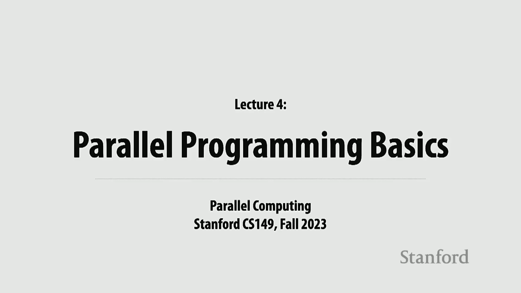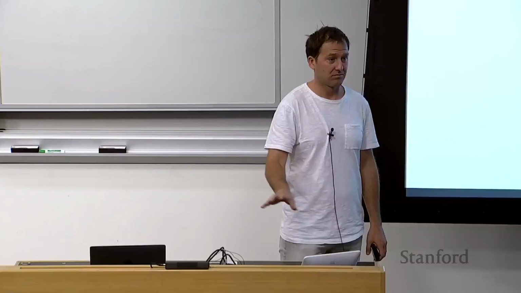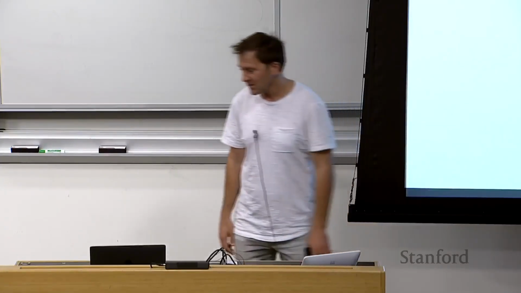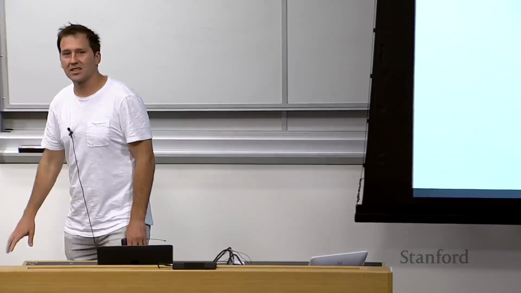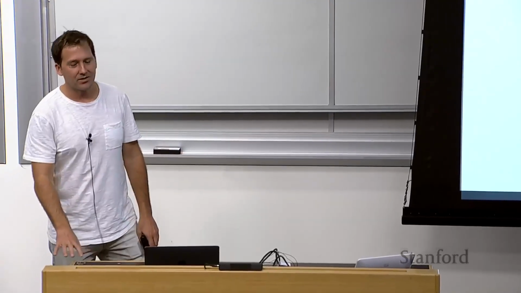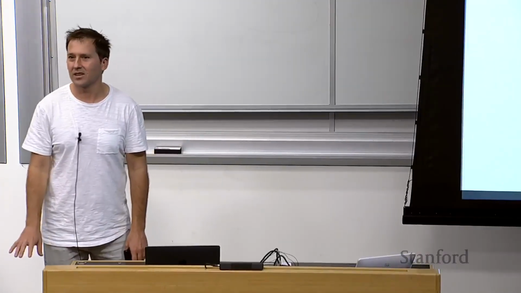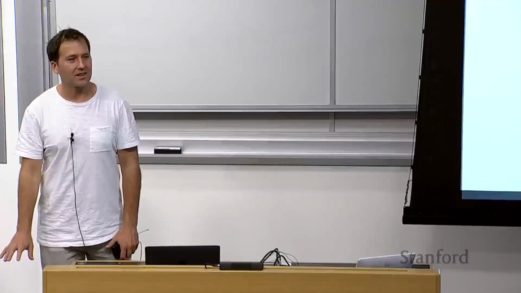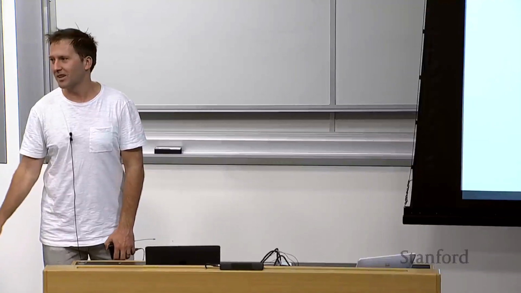One year in this class, a long time ago, we had final projects where people could do anything they wanted. Probably the most creative project I've ever seen is a student came up to me and said, everybody works so hard in this class, but when you think about it, everything you teach us is stuff that people do already. You get busy, you go do something else. Or you have 10 tasks to do and 3 people to do it, so you just go, you do that, you do that, you do that.